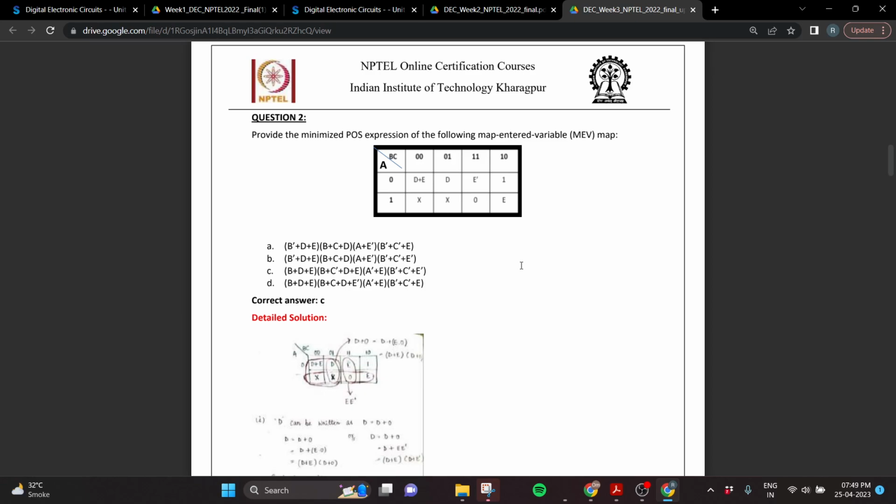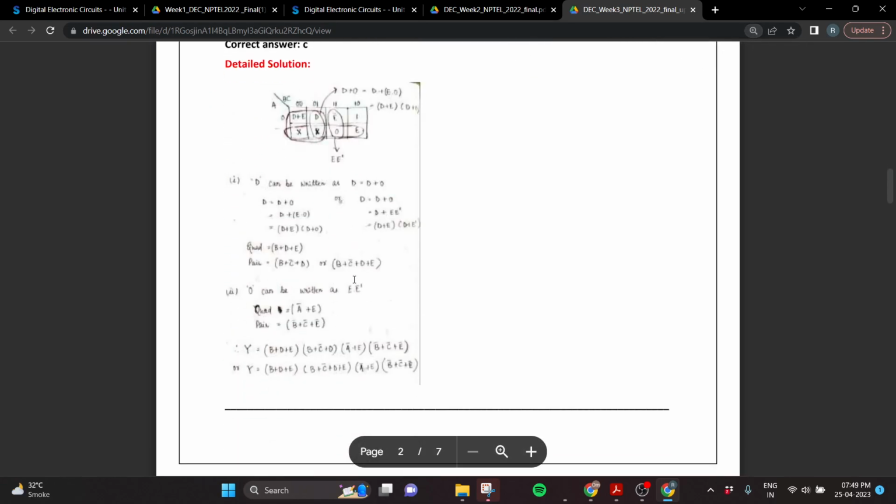We have D plus D, E bar 1, cross cross 0, E. Okay. D dot E in my question. Sorry, D plus E. It was D dot E instead of D plus E, yes. Okay, let's solve it for D plus E because I have D plus E. So we'll see later what will happen with D dot E.